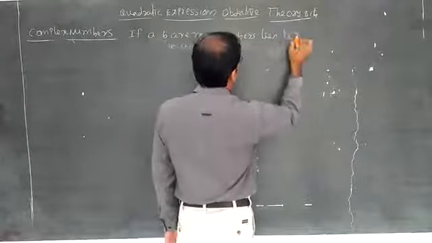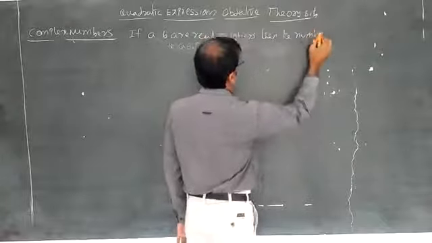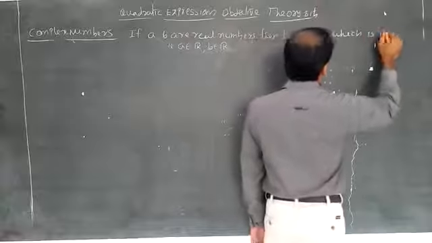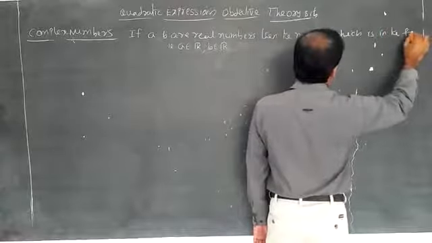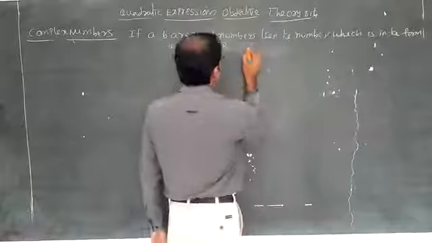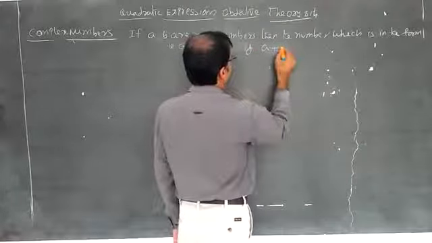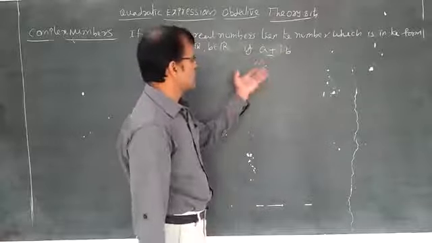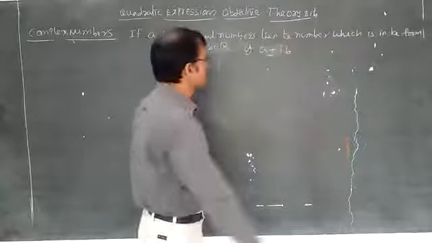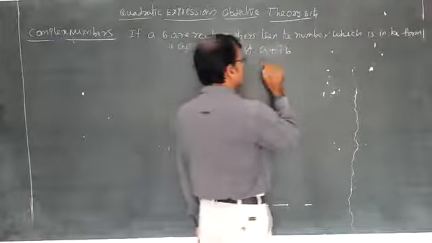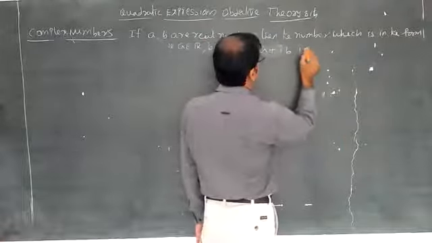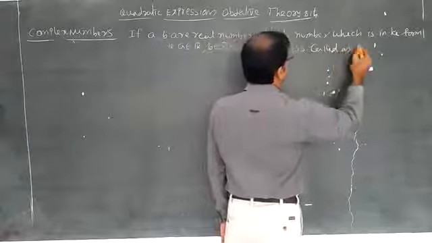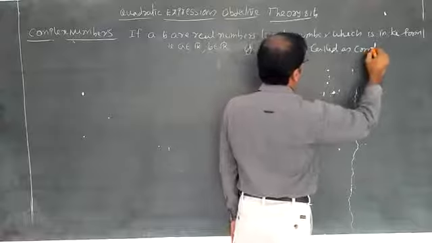Then the number which is in the form of a plus ib, of course a plus or minus b also you can write, but it is better to write a plus ib, is called a complex number.